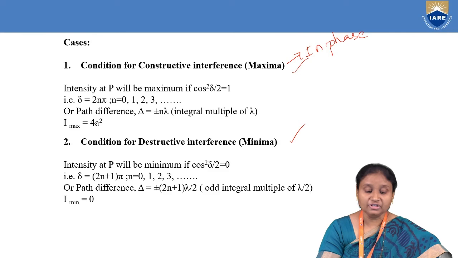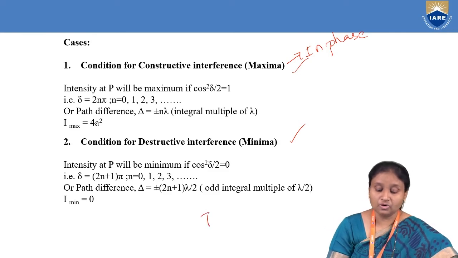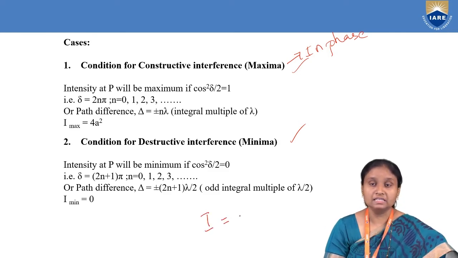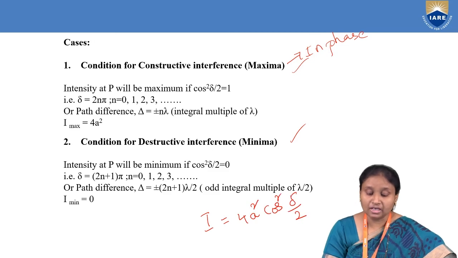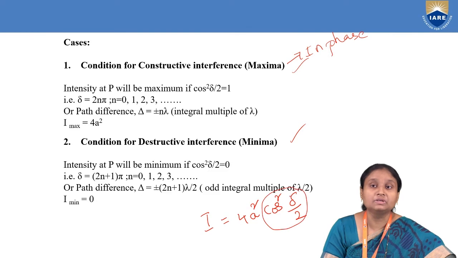And we know that because of constructive interference, their amplitudes get added up, so the resultant intensity will be maximum intensity. If we see this expression, we got intensity I as 4a square cos square delta by 2, and what is the maximum value we can have for cos square delta by 2? We know that the maximum value is 1.